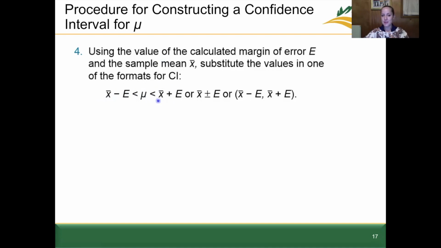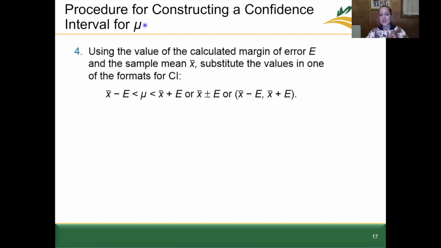Then on this side, we'd substitute in the value for X bar plus E. These formats are saying the same thing, so X bar plus and minus E. Here, X bar minus E and X bar plus E. Again, remember we're building up to constructing a confidence interval to estimate the population mean, or mu.